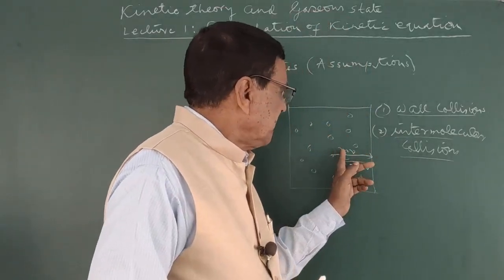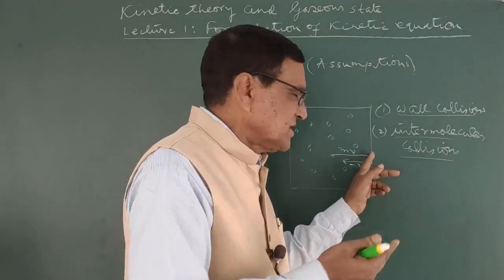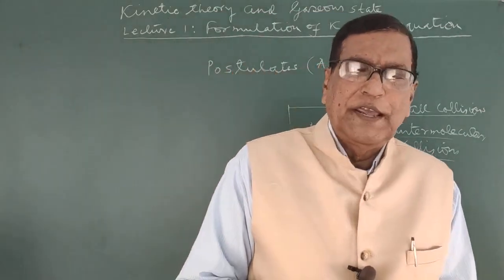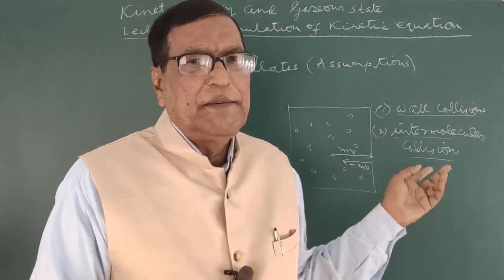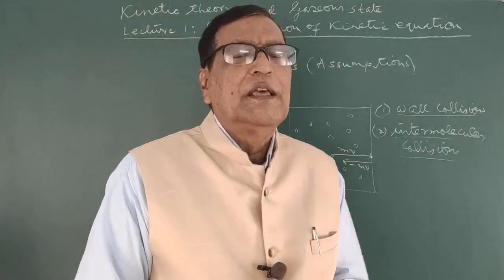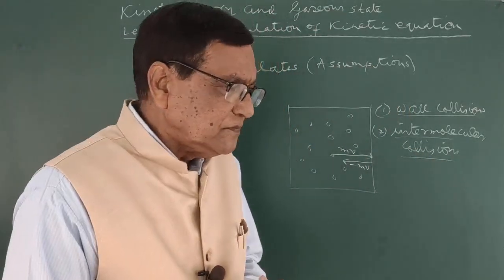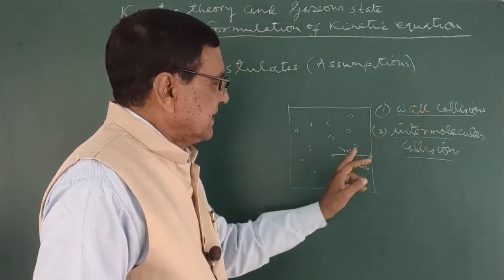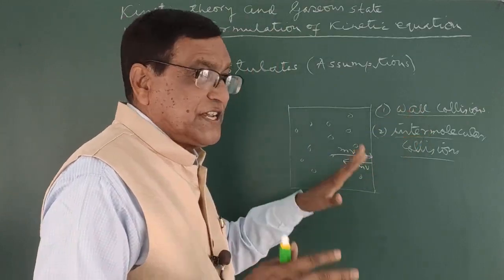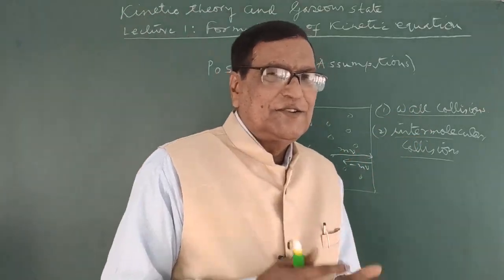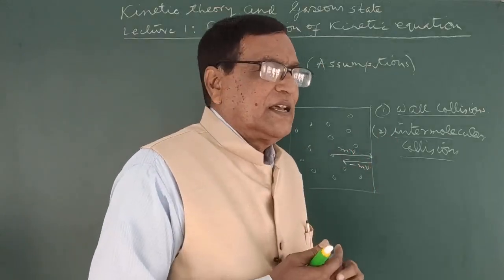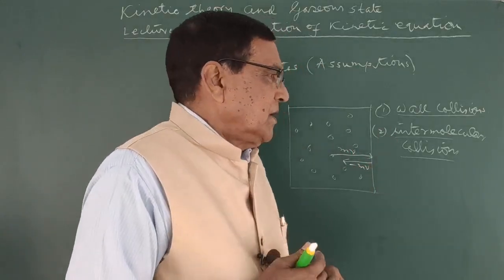If you consider mv in the positive direction, then in this case the momentum will be mv minus mv. m is the mass of this molecule, v the velocity. So whenever a wall collision occurs, there will be no change of speed. No change of speed. It is remarkable. We shall discuss a much better way.